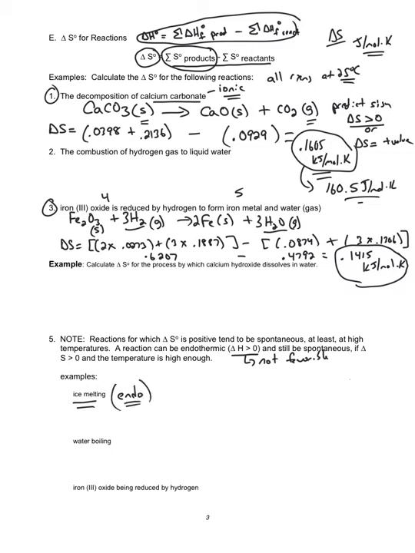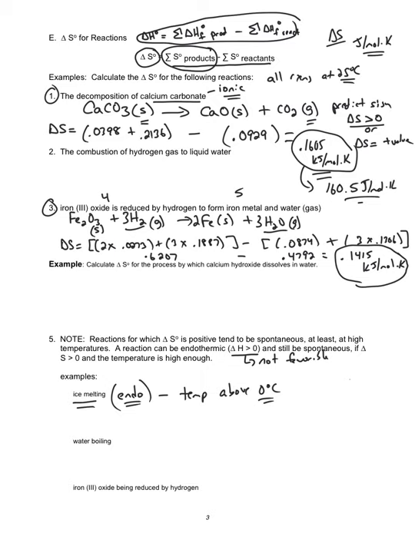How can I get ice to melt spontaneously, or just the way that it will occur naturally? And the key question is if the temperature is above 0 degrees Celsius, because that's the melting point of ice. So even if a reaction is endothermic, we can cause it to be thermodynamically favorable at higher temperatures. Now, why is that?